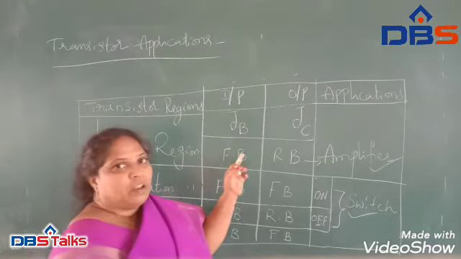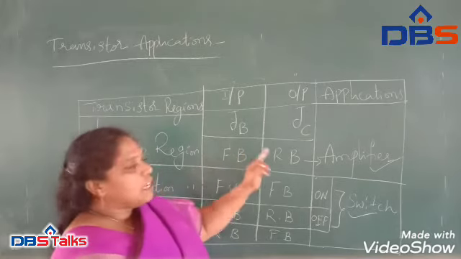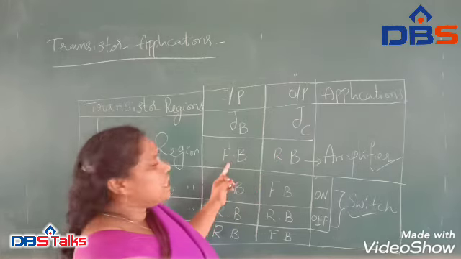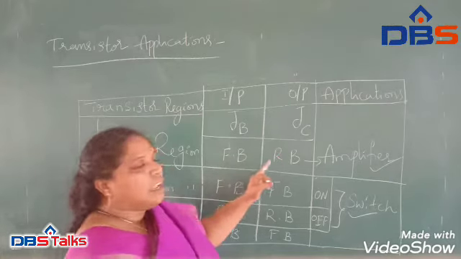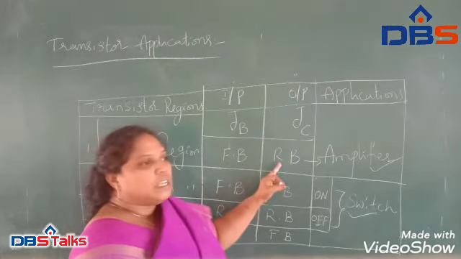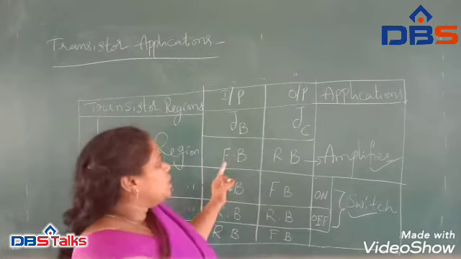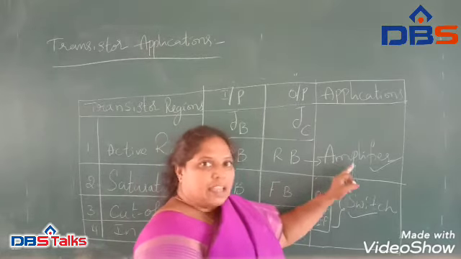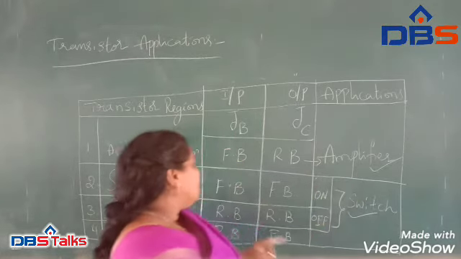We have a bipolar junction transistor with two junctions, base junction and collector junction. In the active region, the input junction is forward biased and the output junction is reverse biased, so the transistor acts as an amplification transistor.